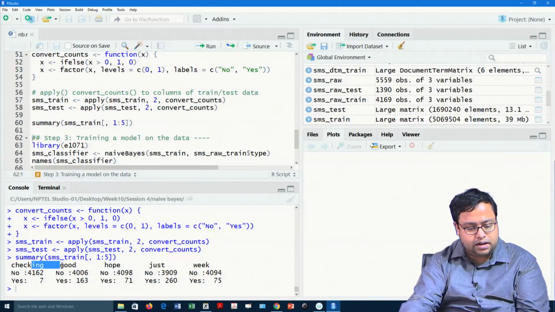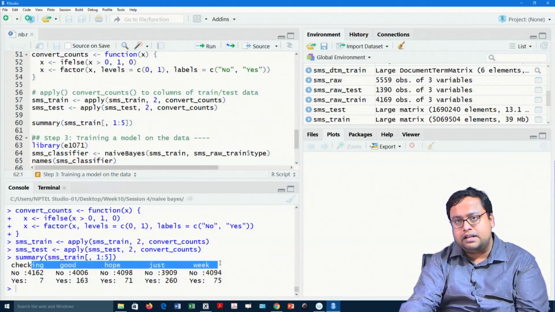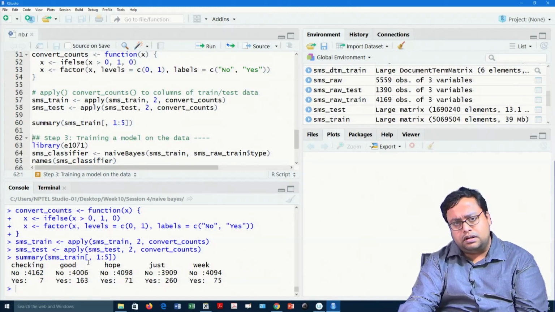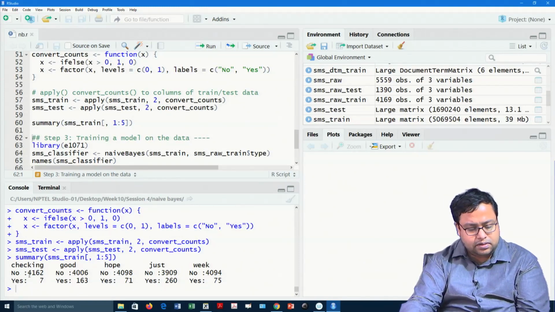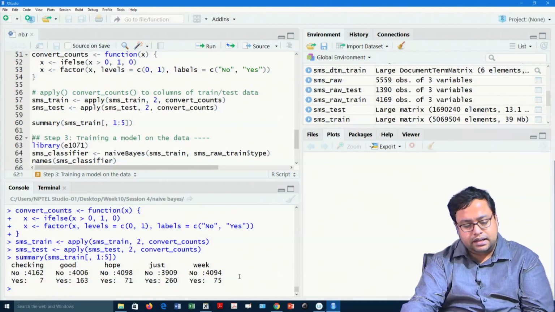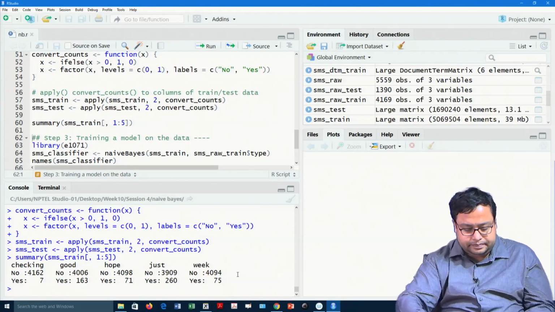So, these are the first 5 words, randomly chosen. No, it is not like the first 5 were based on frequency or something. So, this word is not occurring for 162 times, occurring 7 times. Good is occurring 163 times and not occurring 4067 times, and so on. That is how I have created the summary.